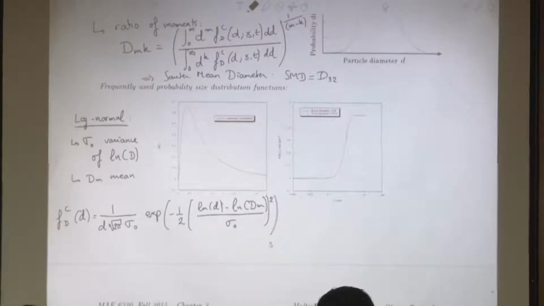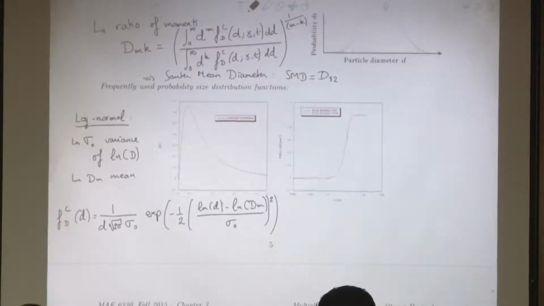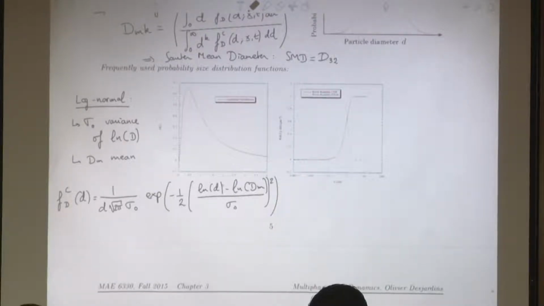The problem with this is that it's not very easy to parameterize. You have only 2 parameters that don't give you a lot of flexibility, especially if you know the mean size. Basically, you can't really reshape the distribution that well.